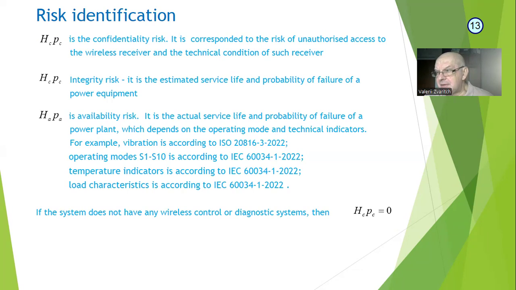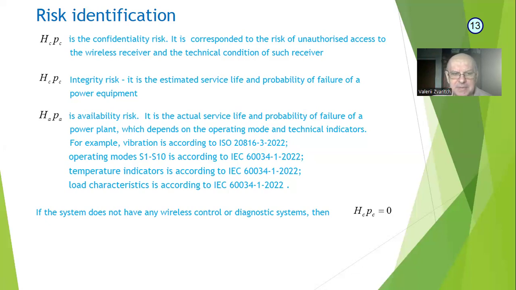Risk identification. The following paradigms are possible to assess the risk of power unit failure. R sub C, P sub C is a confidentiality risk. This corresponds to the risk of unauthorized access to the wireless receiver and the technical condition of such a receiver.